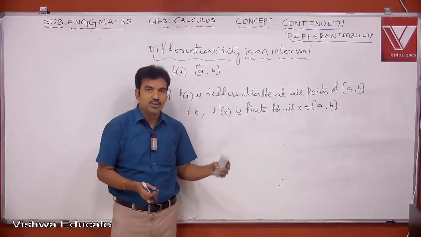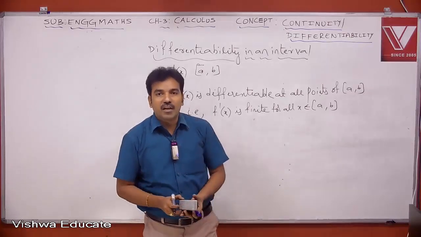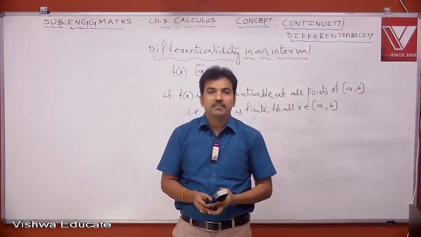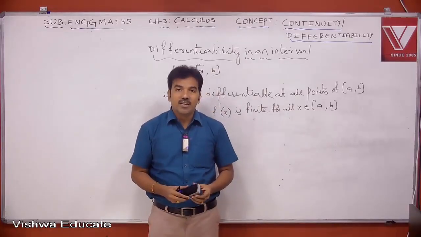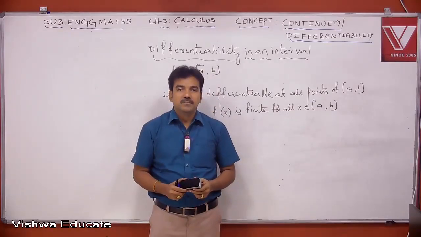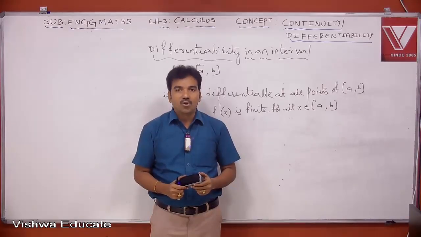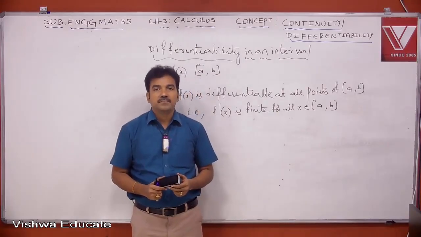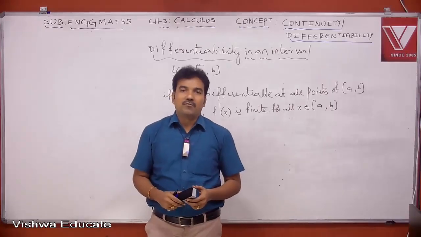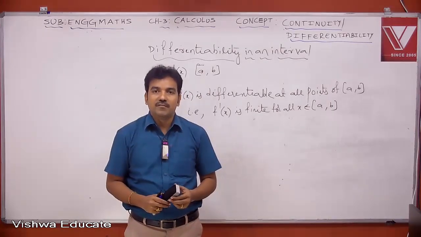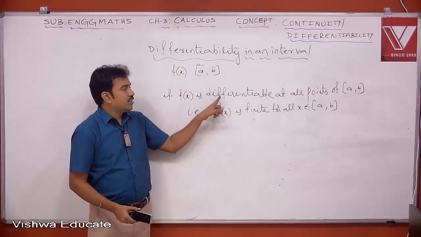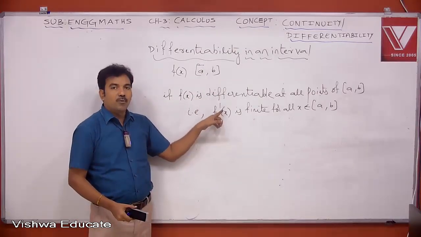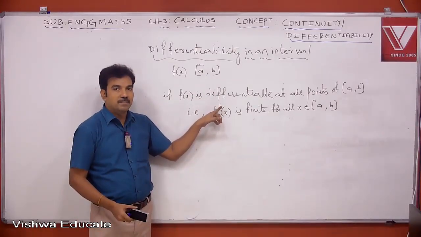Okay, note this point. A function f of x is said to be differentiable in closed interval a comma b if f of x is differentiable at all points of closed interval a comma b.